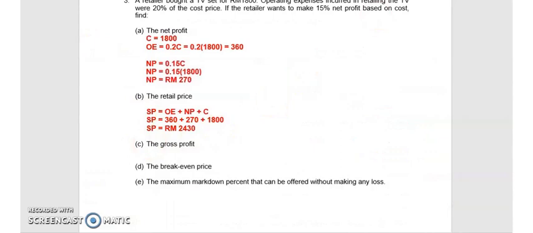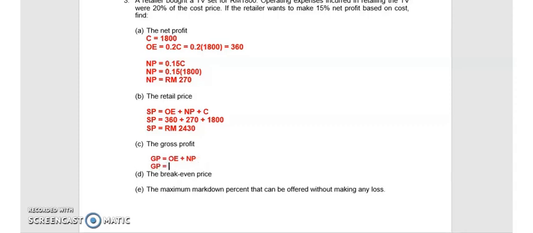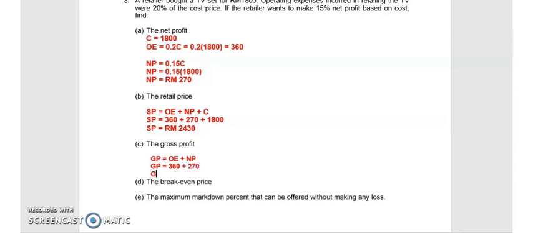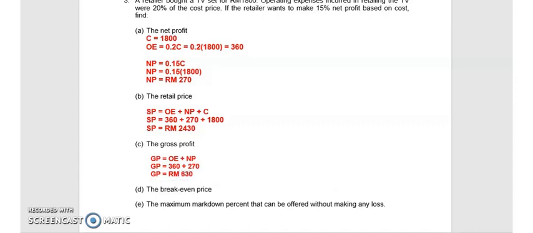So GP equals OE of 360 plus net profit of 270. So gross profit equals RM 630.